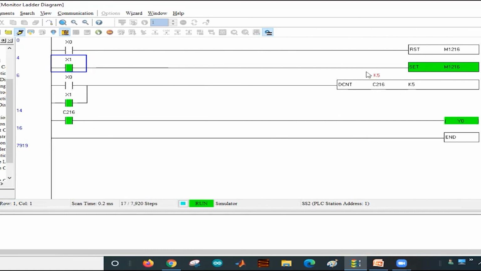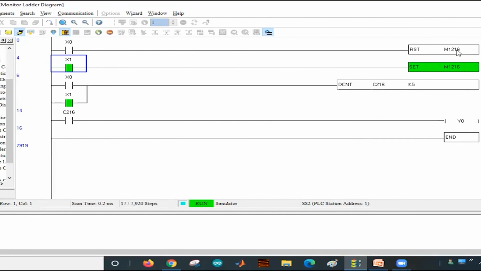See here, it is coming down to 5, then again 4, again 3, like that. So depending upon M1216, whether it is set or reset, it will count up or down.